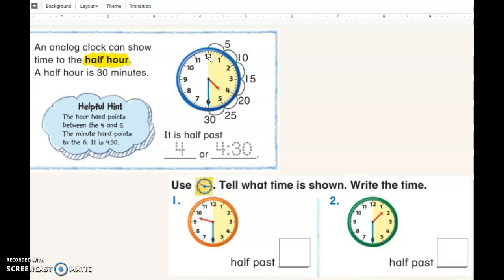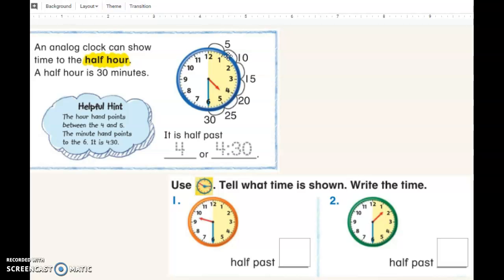Do you see those small tiny lines over there? If we count the small tiny lines, it would be 1, 2, 3, 4, 5. That's why it says 5 minutes right here. If we keep going to the next number, which is 2, we get to 10 minutes. So we're at 5, 6, 7, 8, 9, 10. That's 10 minutes right there.